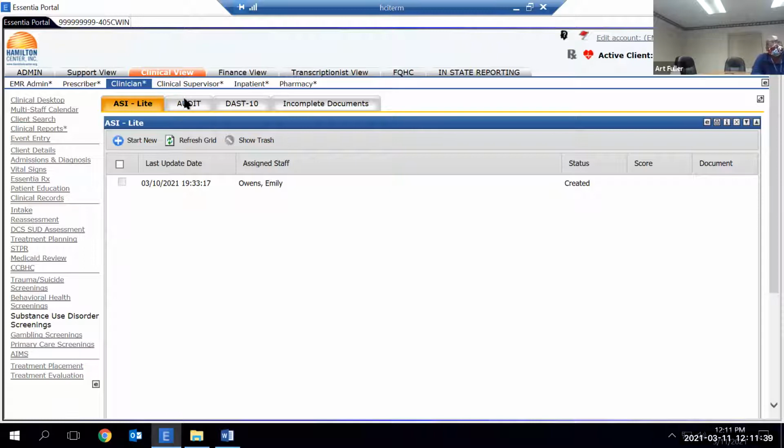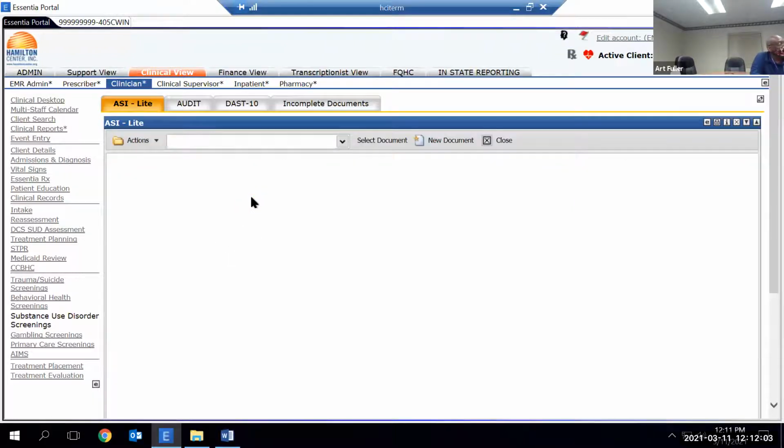We also have the AUDIT, which is the alcohol use disorder treatment screen. And we also have the DAST, which is the drug abuse screen, 10 questions. That's a bonus. If you know what AUDIT is, bonus. Yes. So I feel like I need to do the ASI.